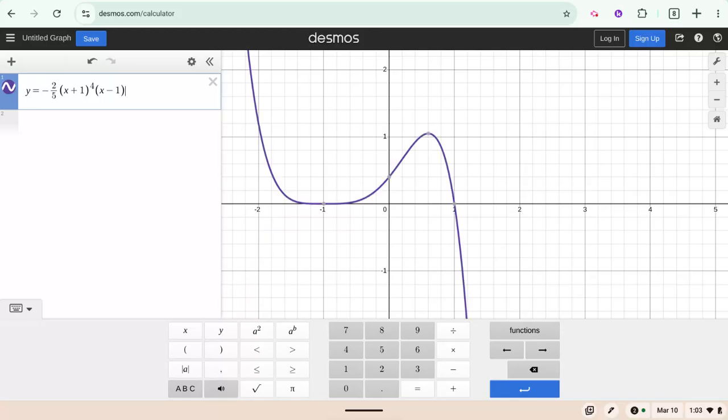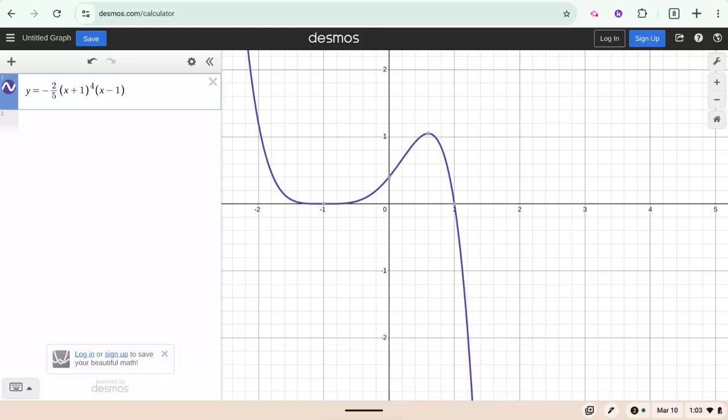Boom. Okay. So look what happens at -1. It's kind of flat there, but it is tangent to the graph at -1, which we expect when you have an even multiplicity. And then at x equals 1, it just kind of crosses right through without anything fancy happening, which we expect when the multiplicity is 1.